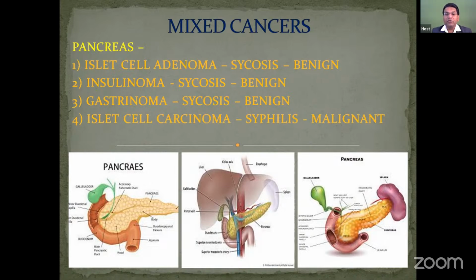Yes. Then gastrinoma, benign, and islet cell carcinoma, it is malignant. So these are 4 types of disease of pancreas. 3 are benign and 1 is malignant. Islet cell adenoma, insulinoma, gastrinoma, and islet cell carcinoma.